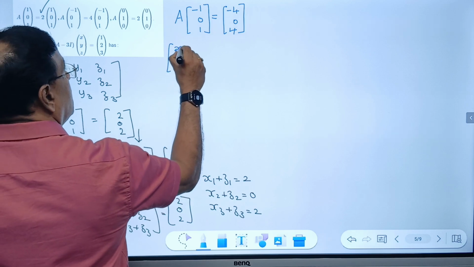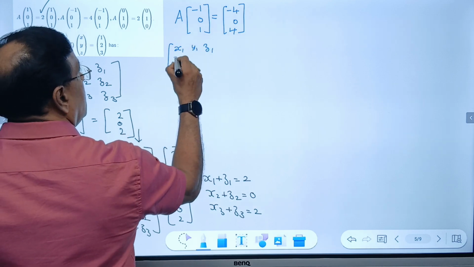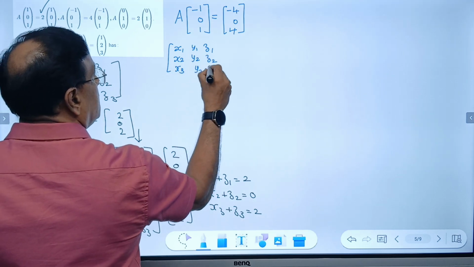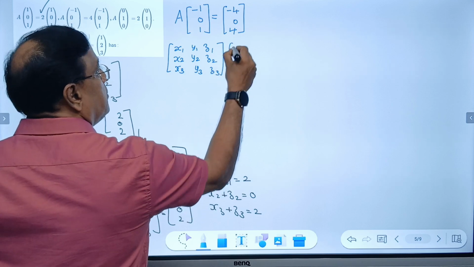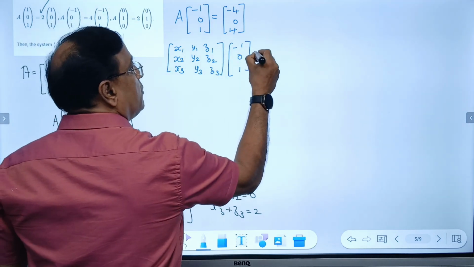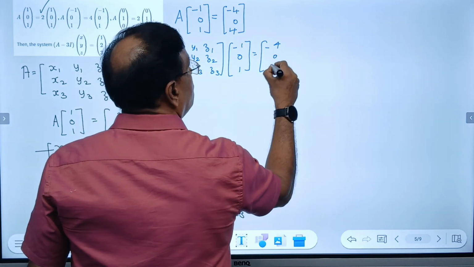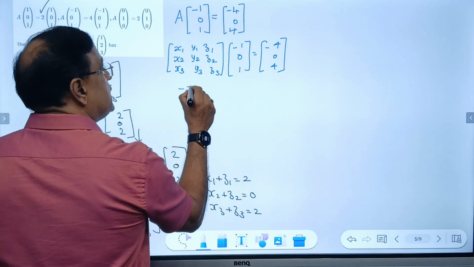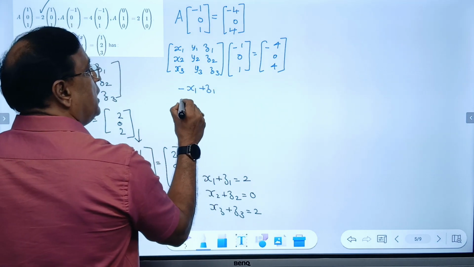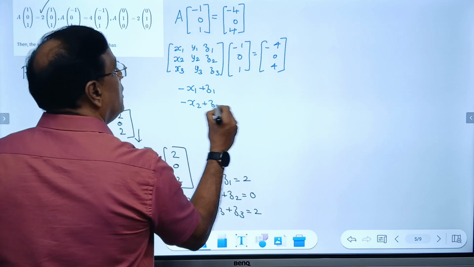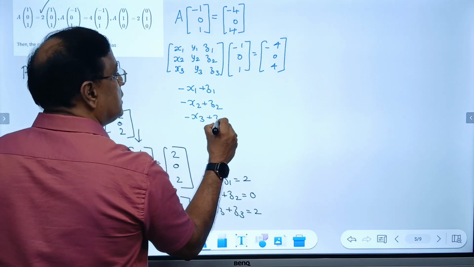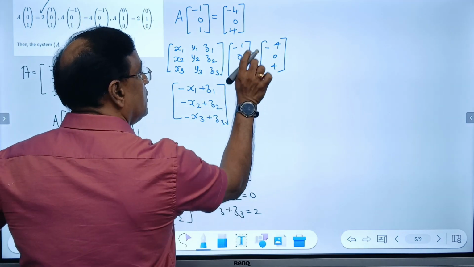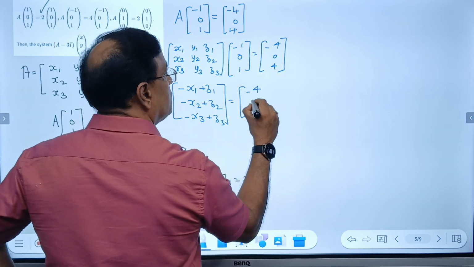A is x1, y1, z1, x2, y2, z2, x3, y3, z3 multiplied by minus 1, 0, 1 equal to minus 4, 0, 4. Now first row, first column, as usual use matrix multiplication: minus x1 plus z1, then minus x2 plus z2, then minus x3 plus z3, equal to minus 4, 0, 4.